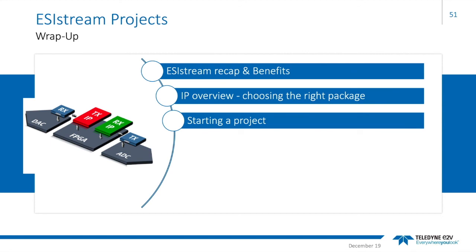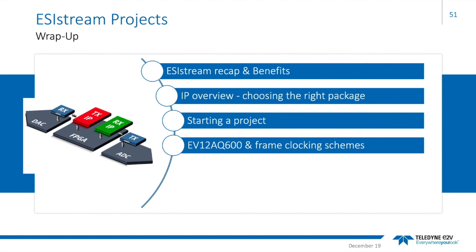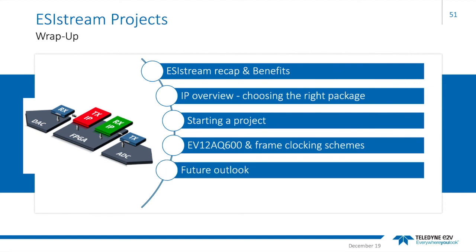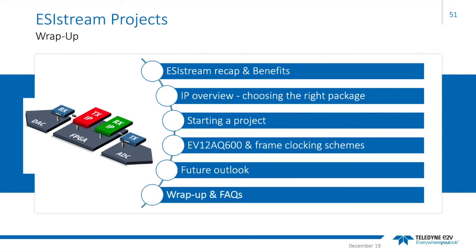I then walked through starting a project before looking more carefully into detailed clocking schemes for the various supported data frame options. Finally, we considered some of the future developments ongoing, and in the last section I reviewed some of the many questions that our customers ask in respect to ESIstream.